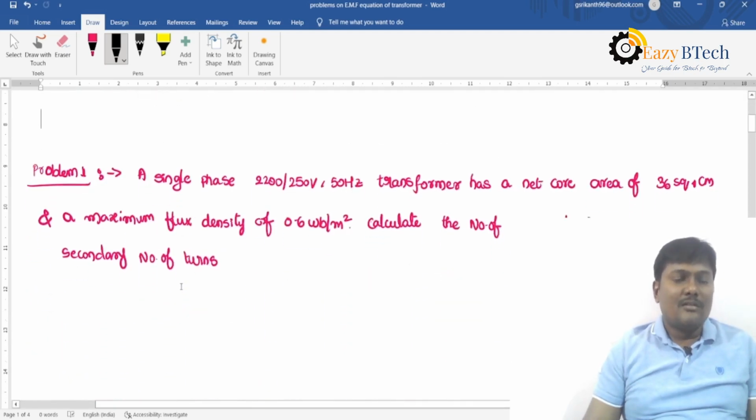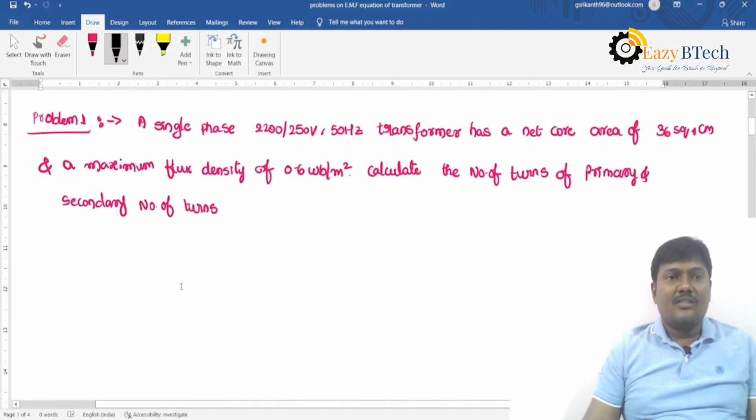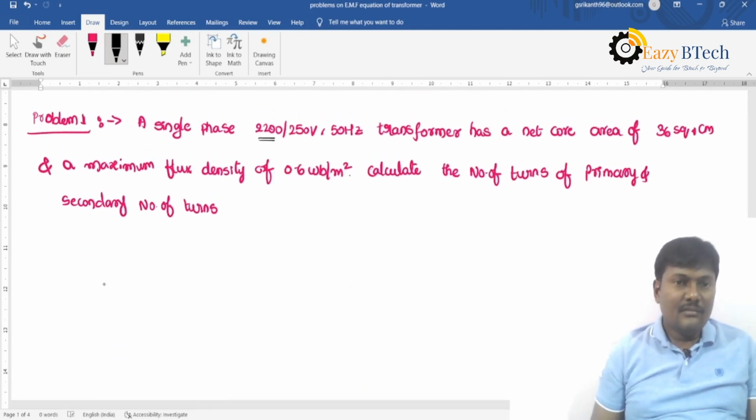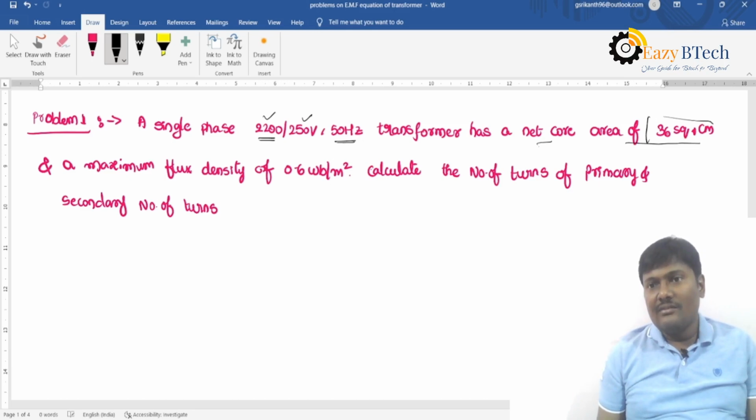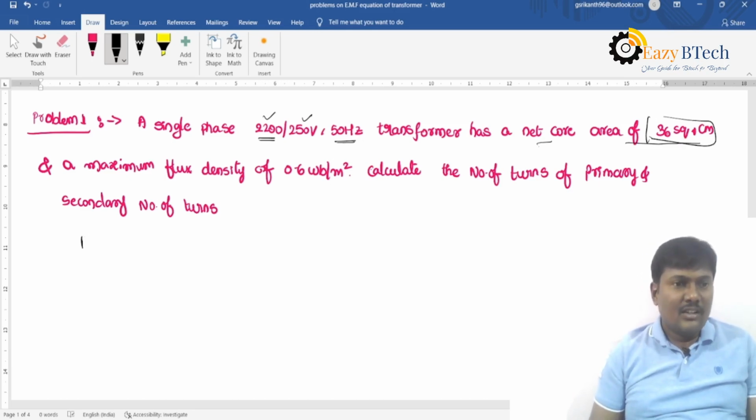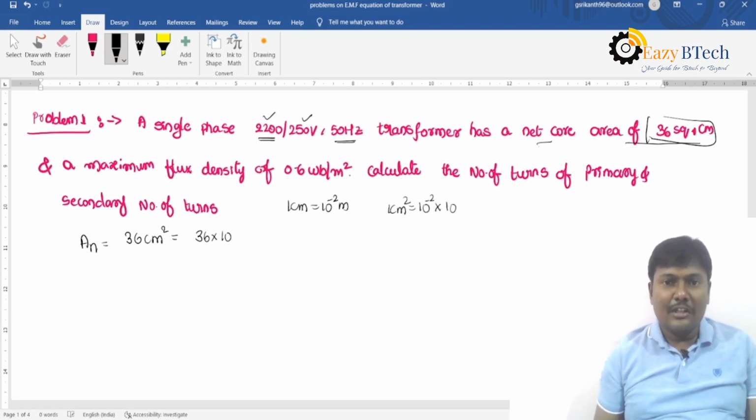So coming to our problems: a single phase transformer, that is 2200 by 250 volts, 50 Hz transformer, has a net cross sectional area of 36 square centimeter. 1 centimeter is equal to 10 to the power of minus 2 meters, so 1 centimeter square is equal to 10 to the power of minus 4 meter square.